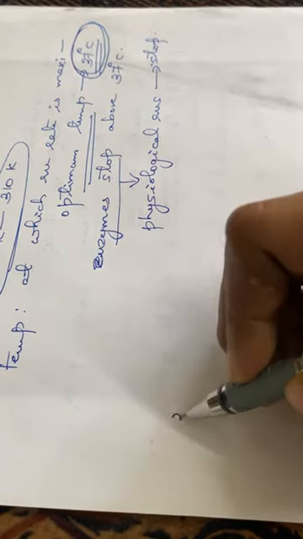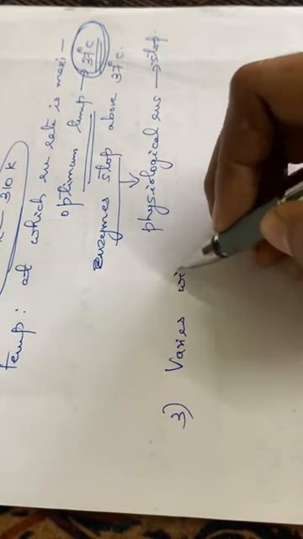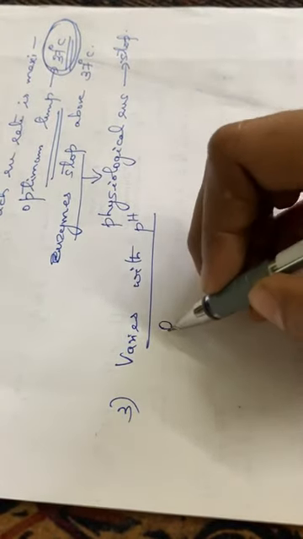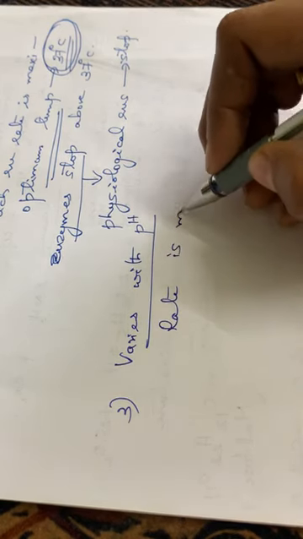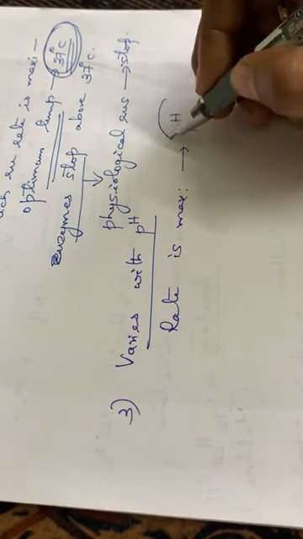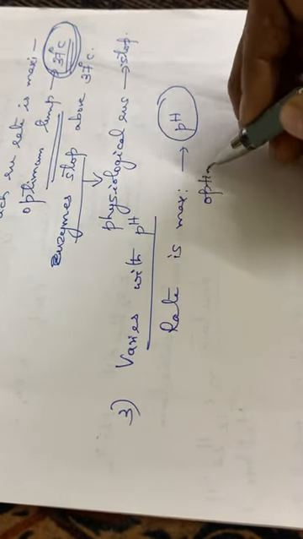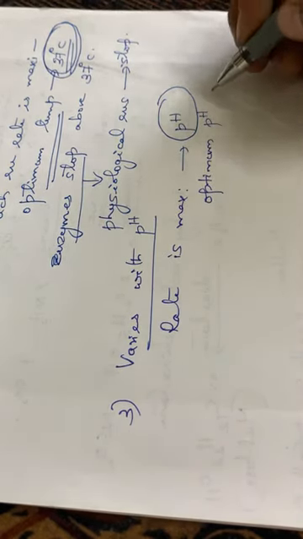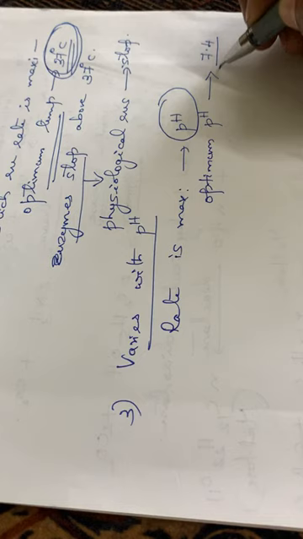Then the third one: enzymatic action varies with pH. The rate of the reaction is maximum at a particular pH value. For human beings, that optimum pH, where the rate of the reaction is maximum, is 7.4.